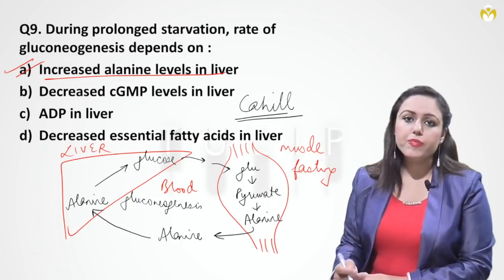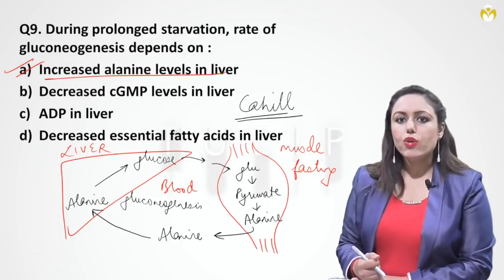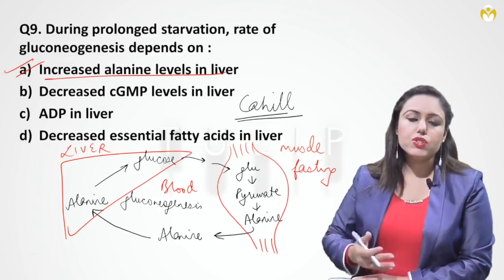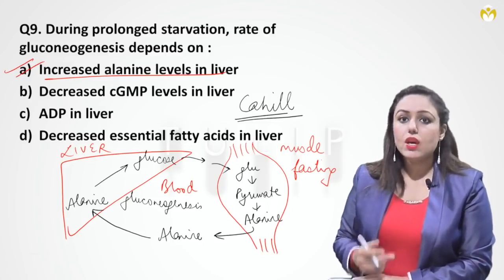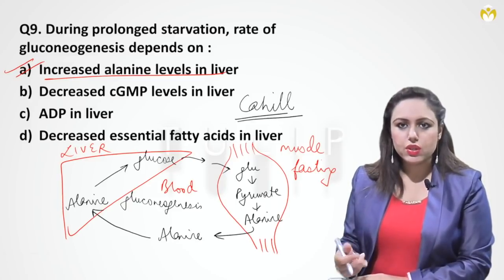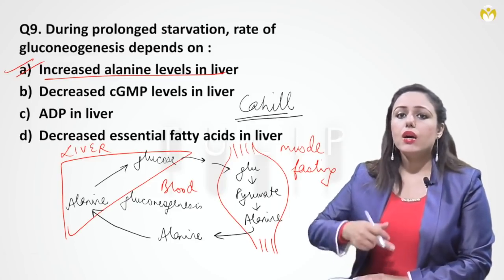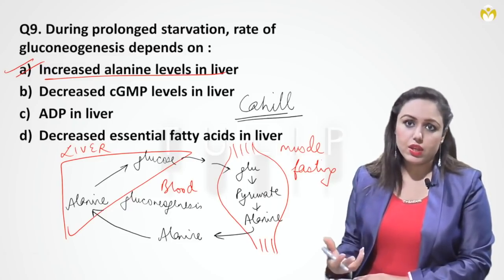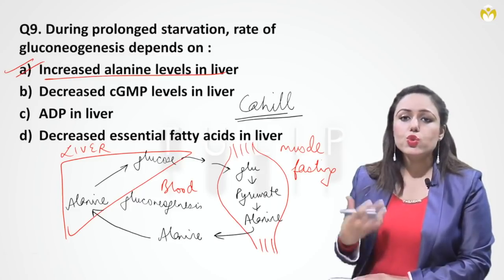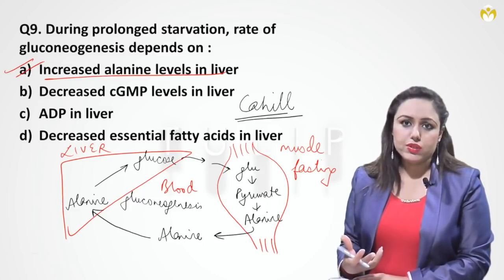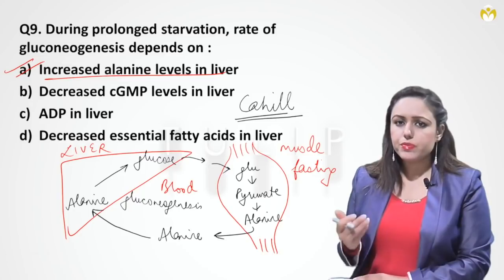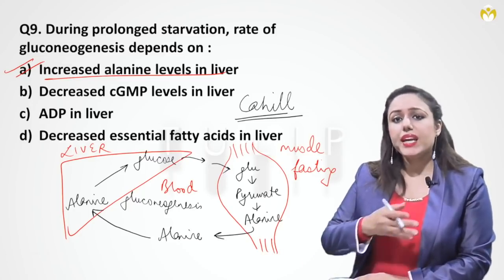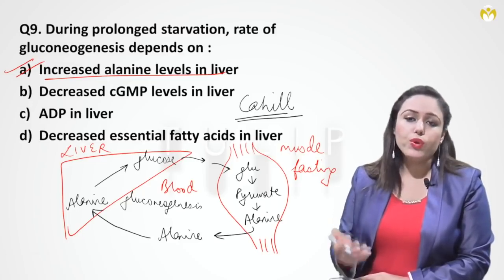Cahill cycle. You also must have heard of Cori's cycle. Cori's cycle is the glucose lactate cycle, which occurs in exercising muscles when anaerobic conditions are created. But Cahill cycle occurs in fasting muscles, in case of fasting when the amino acid alanine is used for gluconeogenesis, that is formation of glucose. Let me tell you, 18 amino acids out of 20 can form glucose.